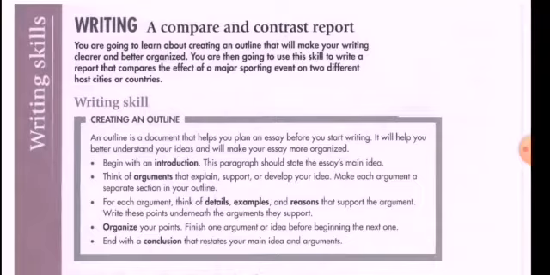What is outline? Outline is something you make before you start your essay. Actually, there are a number of things that you need to do before you start writing your essay. One of them is brainstorming. Brainstorming is just putting on paper anything that comes to your mind.